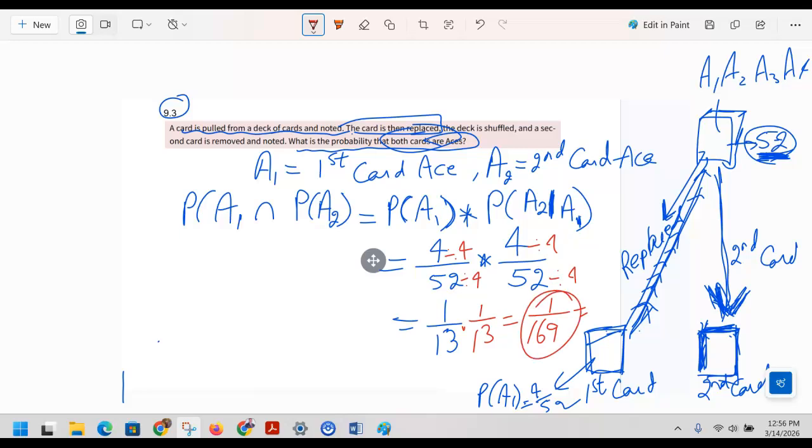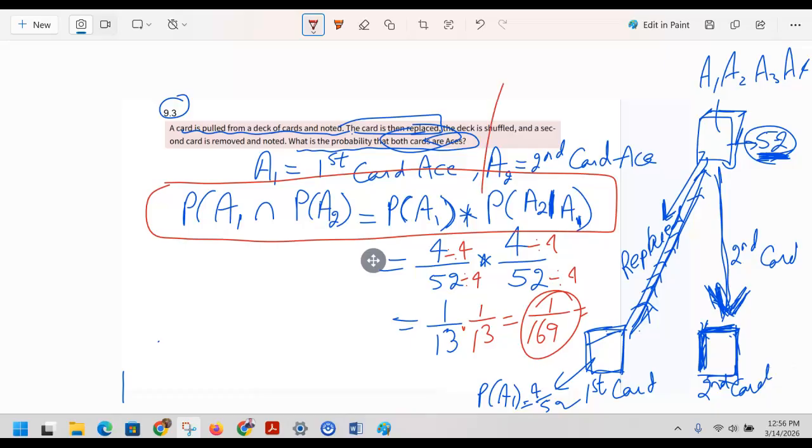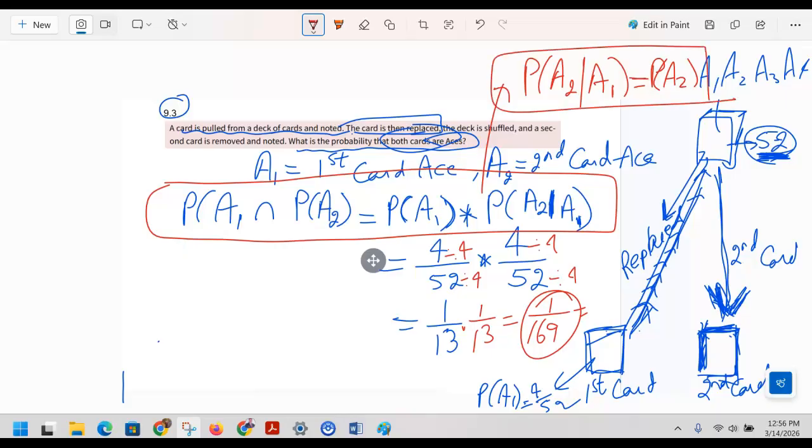So what this basically helps you to understand is the multiplication rule of probability. And the main thing here is that the probability that the second card is ace, knowing that the first card is ace, is the same as the probability of A2. So see, it doesn't change. Both are the same. And I hope that makes sense to you.